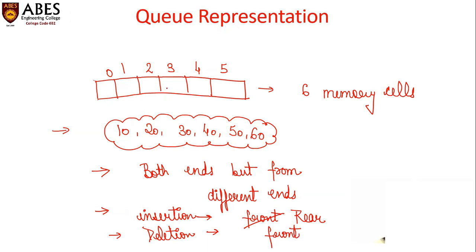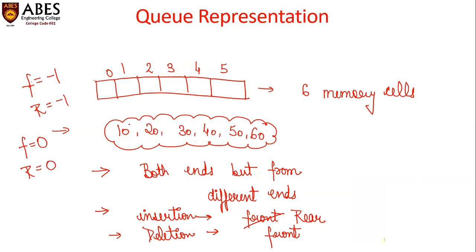Okay, let us see through this example. Initially, front is at position -1 and rear is also at position -1. If we want to do the first insertion, then front needs to be updated to position 0 and rear also needs to be at the 0 position.